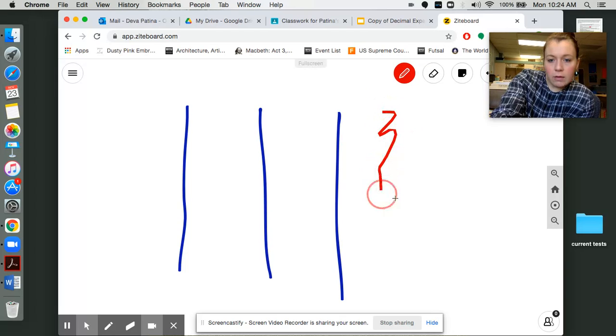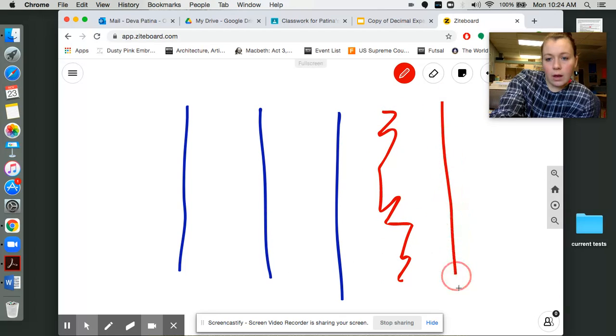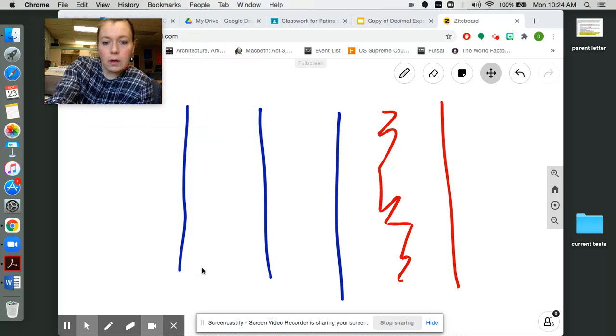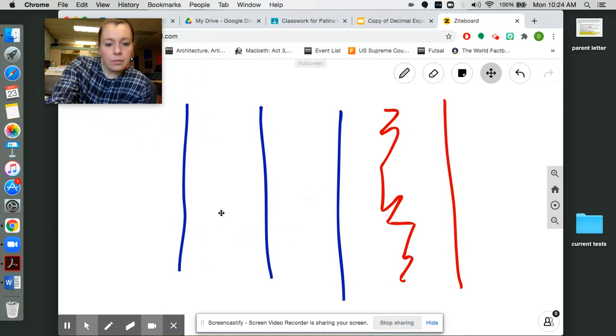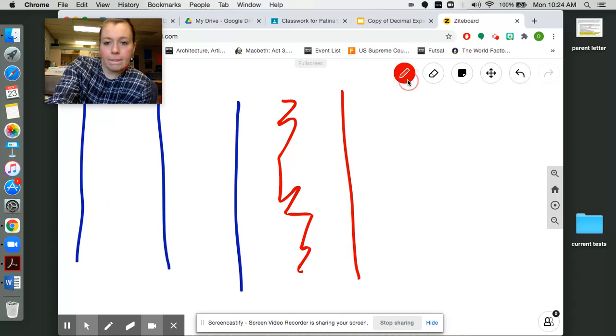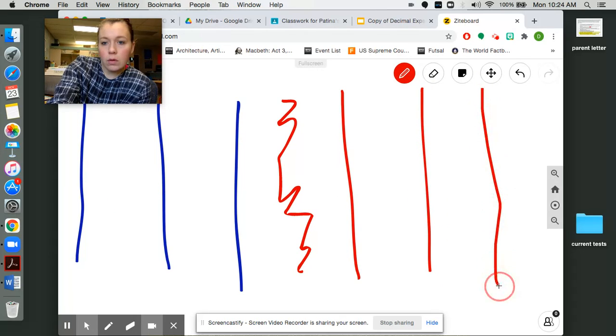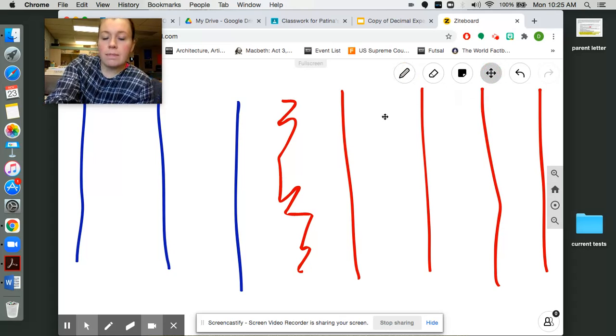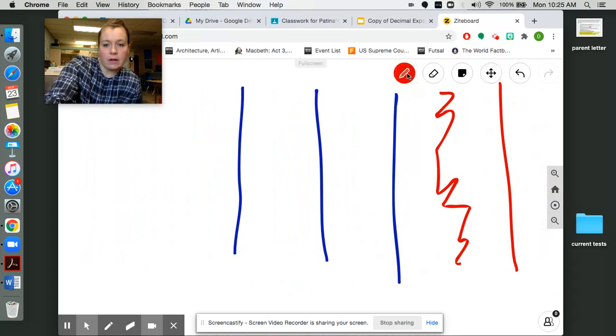So I'm going to do a little line here, and I'm going to do another makeshift place value chart. I'm going to move my camera over here. Oh my goodness. Okay. Then we've got 1, 2, and 3. Okay, so I'm going to label each of these place values, so as I'm building these numbers, it's going to be easier for me to see.